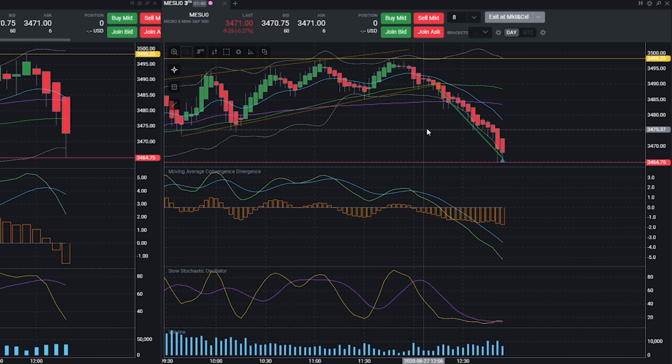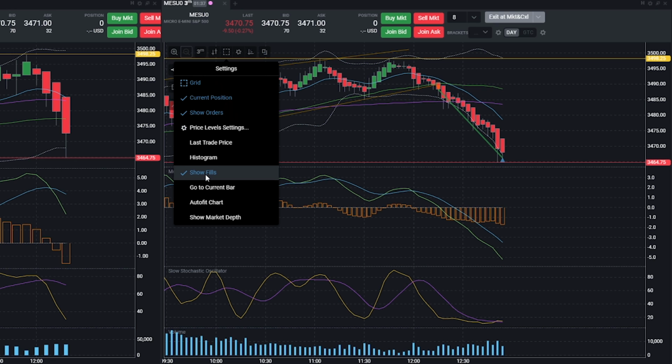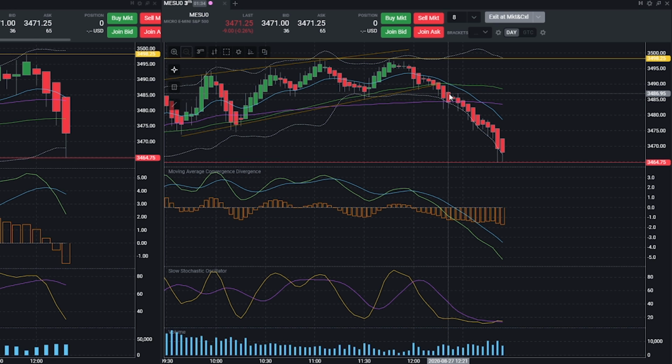If you look at the bars here, we had a double break of the 0 line on the MACD, very consistent kind of downward trend as far as looking at the actual distance between the MACD and the signal line. The Heikin Ashis stayed red the whole time.